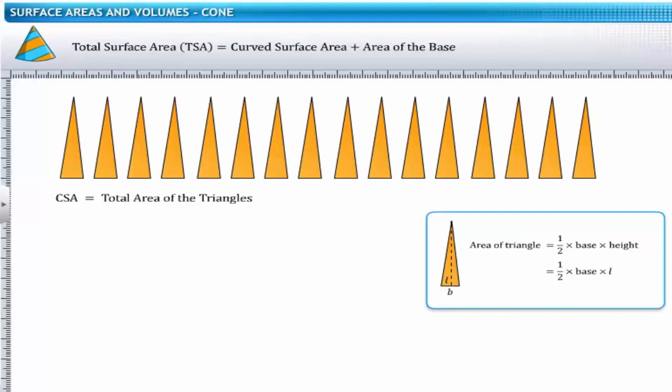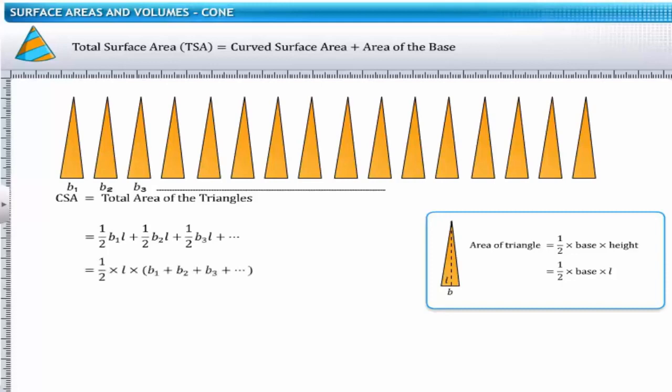Let the bases of these triangles be b1, b2, b3, and so on. The total area of all the triangles can be calculated as shown here. Taking half and L as common, we get the total area of the triangles as half slant height into the sum of the bases.